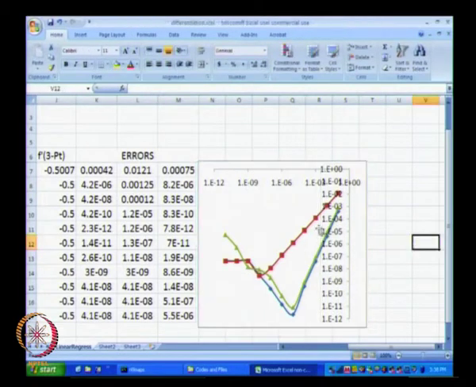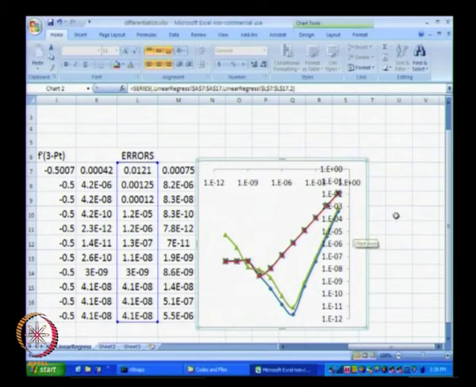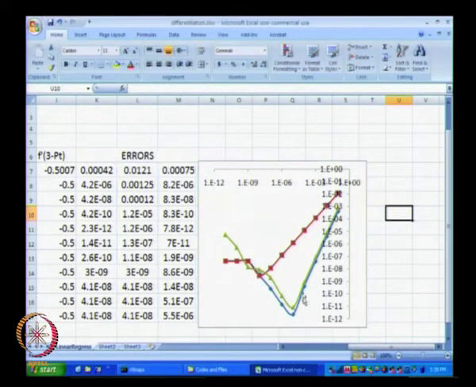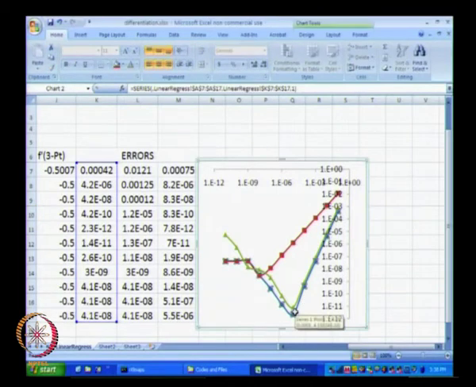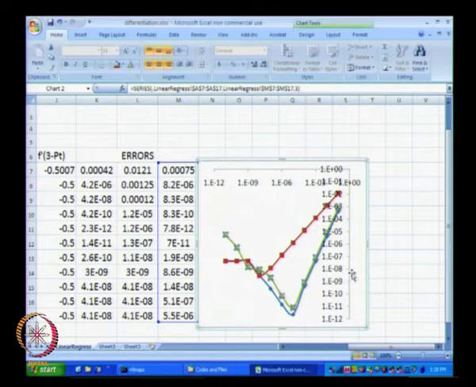Okay. So, these are the overall errors that we get, the red line indicating the errors for the forward difference formula, the blue line indicating the error for the central difference formula, and the green line indicating the errors for the 3-point forward difference formula. As we see, the errors in the central difference formula are lower than the errors in the forward difference formula.